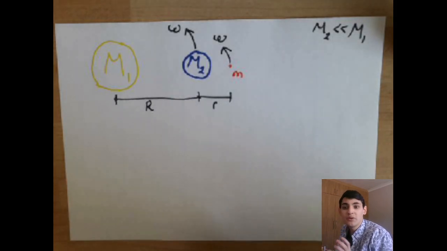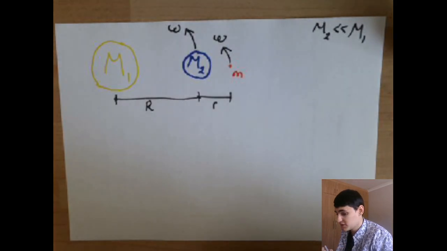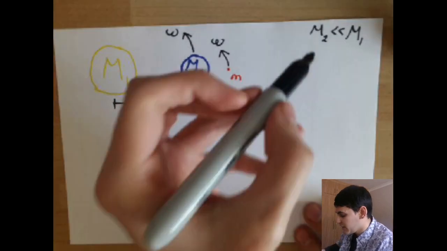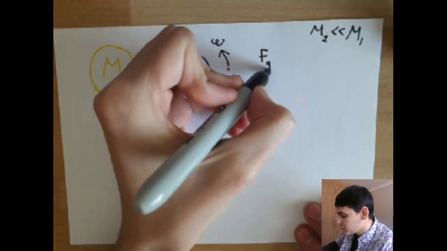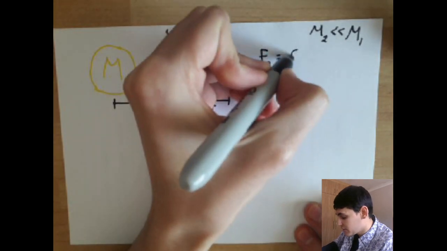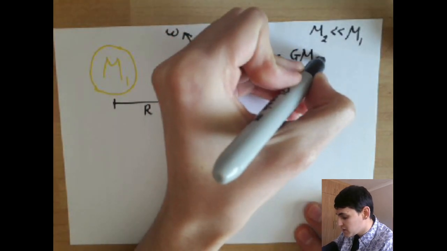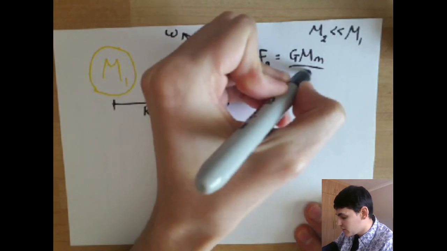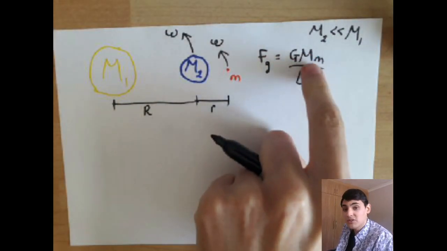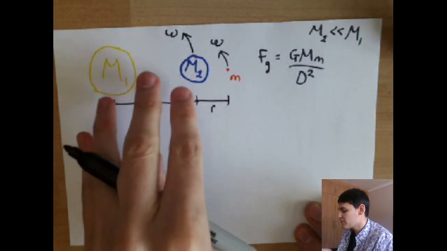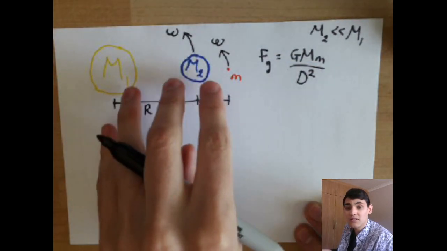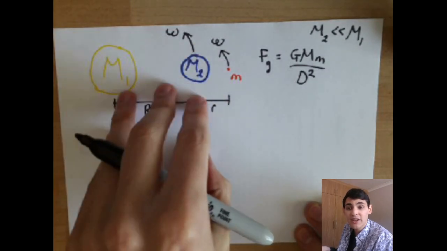So what do we need? Well, we need the forces due to gravity and centrifugal force, right? So let's go ahead and put the equations in at least. So force due to gravity is G big M little m over d squared. Now, very important to note, the m's here are in no way related to M1, M2 and all this over here.